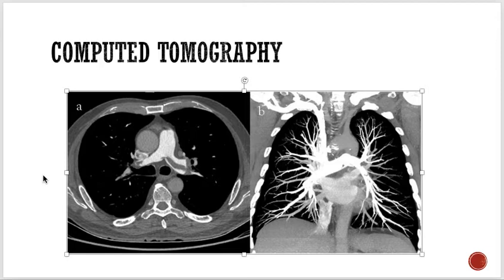Now, remember, CT scan uses ionizing radiation, or X-rays simply, right? And nowadays, even CT scans can produce 3D types of images. But in most hospitals, what you will see is the normal type of CT scan.